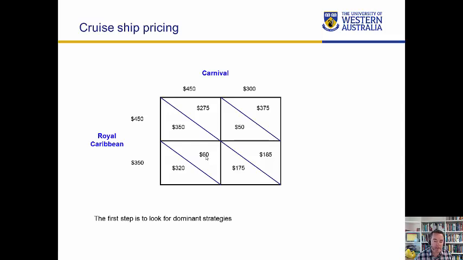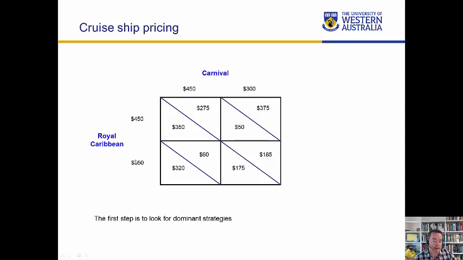The payoffs are profits for the cruises in millions. So top right-hand quadrant, we've got a profit of 350 million for Royal Caribbean, 275 million for Carnival. Okay, so outside the box, we've got ticket prices in dollars. Inside the payoffs, we've got profits for the cruise we're looking at in millions.